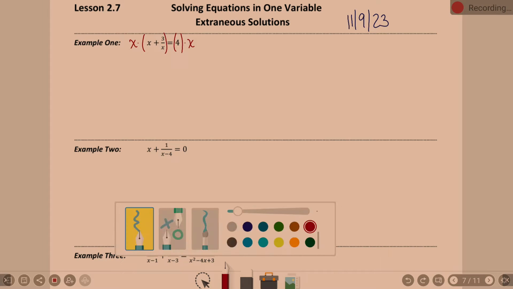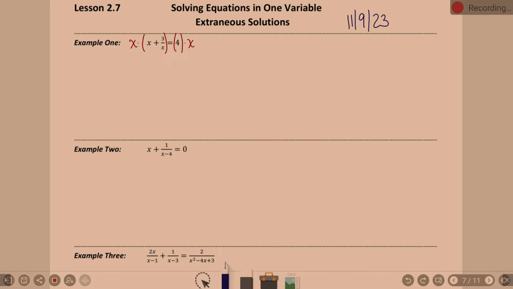On the left, that means we're going to take the x and we're going to distribute. X times x is x squared. X times 3 over x, x's cancel, you have 3, equals 4 times x, 4x.